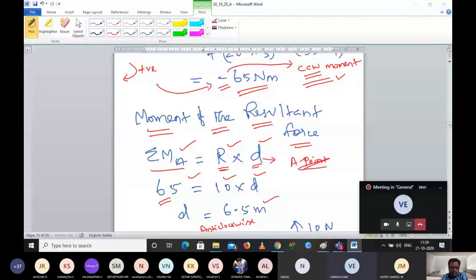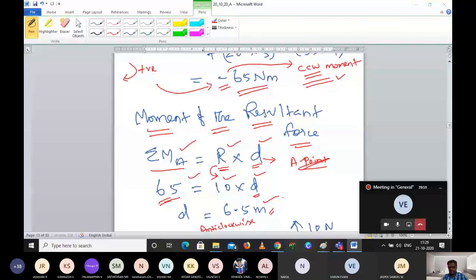So I am calculating, this one is 65, no need to substitute minus here because we are calculating only the distance. So 65, R we have already calculated, that is 10 Newton, and D is nothing but the perpendicular distance from point A. So we got the answer as 6.5 meter.